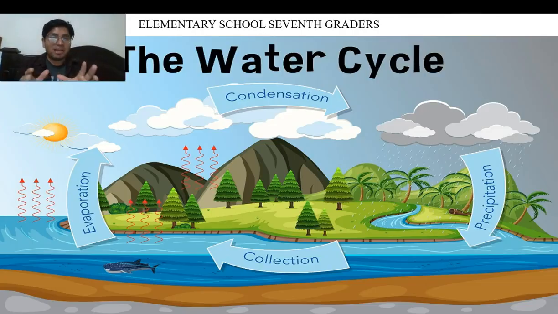The topic that I decided to create my lesson plan on was the water cycle. Why did I choose this? Because I actually taught this once, and I really liked what happened during this class.